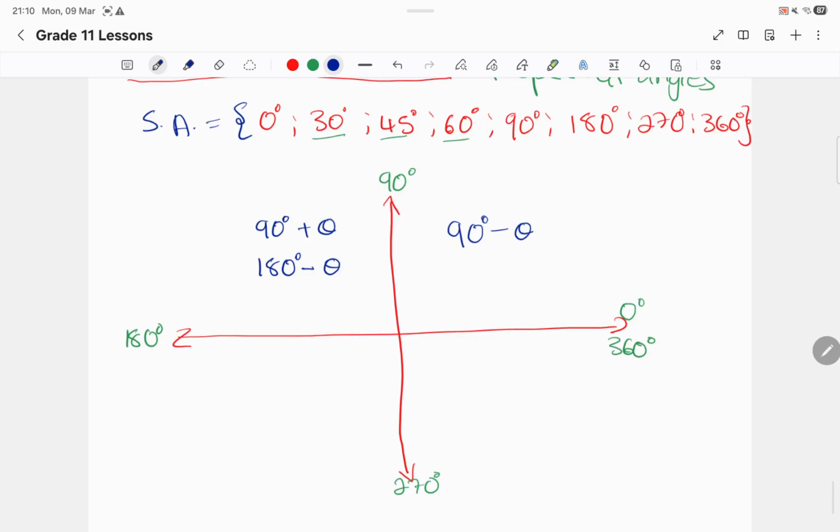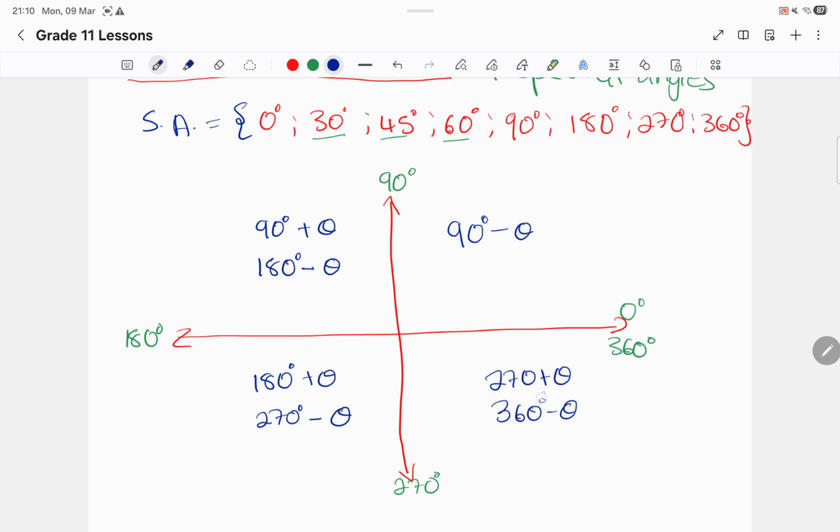And then if your angle lies within the third quadrant, you reduce it to 180 plus theta, or 270 degrees minus theta. If your angle lies within this range, it's going to be 270 plus theta, or 360 minus theta, right?